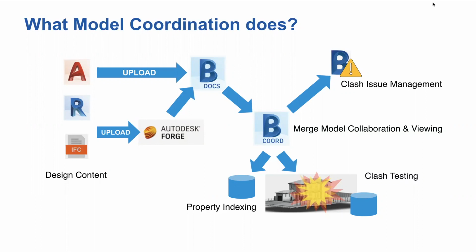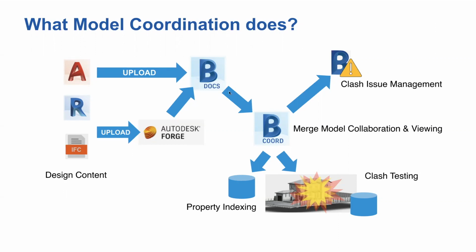The model coordination service will check if there is any clash among the models in this collection and generate the clash report, as well as provide the property index of these models in this collection. If there is any clash that needs to be taken care of, the user can create a clash issue and assign it to a project member to follow up.